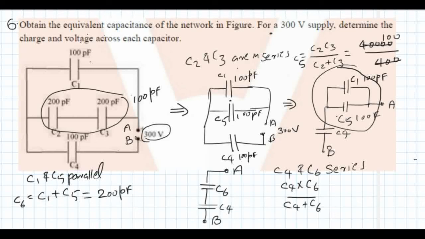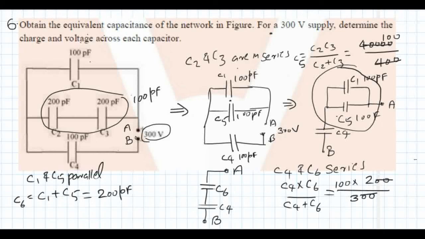And what is C4? C4 is equal to 100, right? 100 into what is C6? C6 is equal to 200, divided by C4 plus C6 is 300, right? So 0 and 0 will cancel, 100 and 100 will cancel.